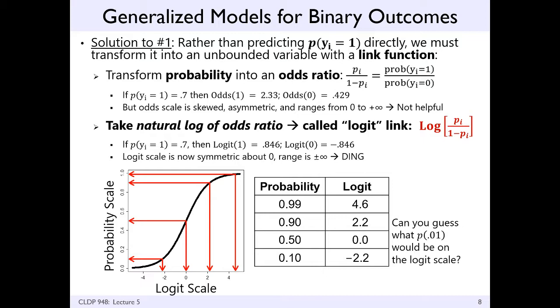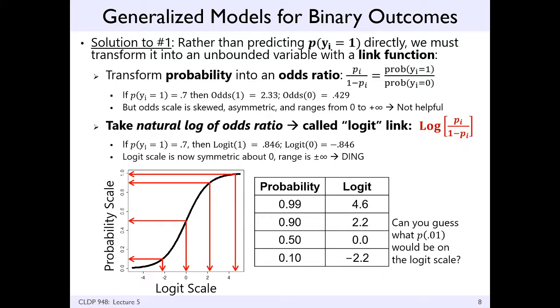So you can talk about predicting the 1, in which case everything is positive, or predicting the 0, in which case things are negative. A logit of 4.6 goes with a probability of 0.99. Can you guess what a logit would be for a probability of 0.01? Negative 4.6, exactly. Logits don't really have inherent meaning. It's really hard to think about what a log of the odds of the probability of a 1 is in any kind of sense.